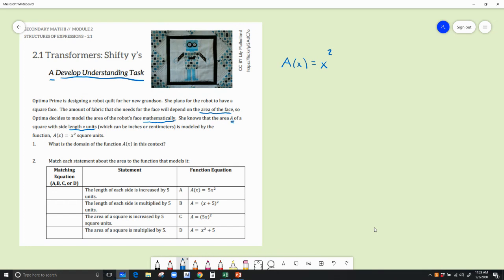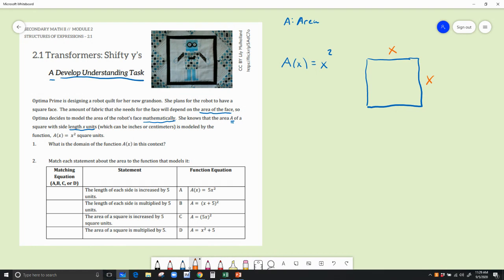Remember, A is the area, and x squared is represented by a square block. This is the original square face. This is my best square I can draw. And the side lengths of that block are x's. That's a horrible x. Let's try that again.